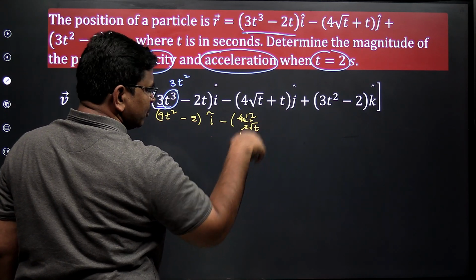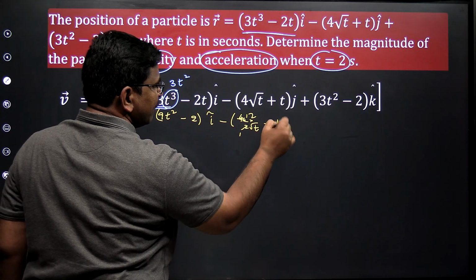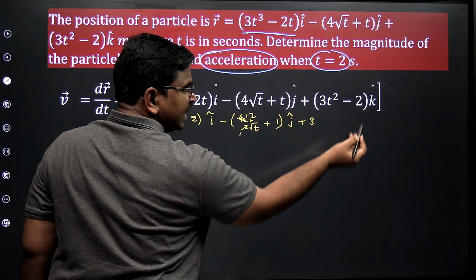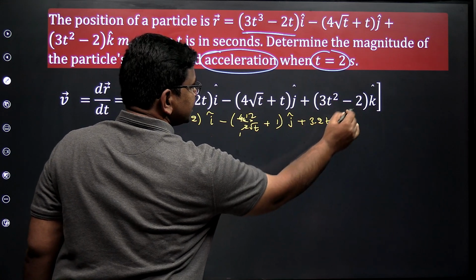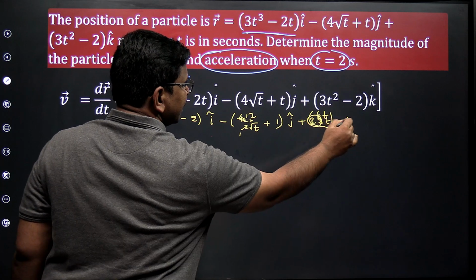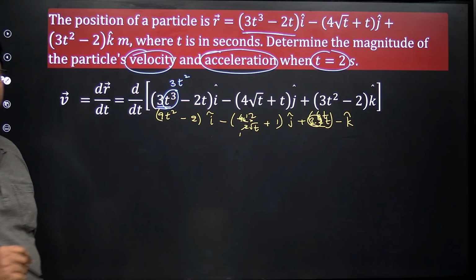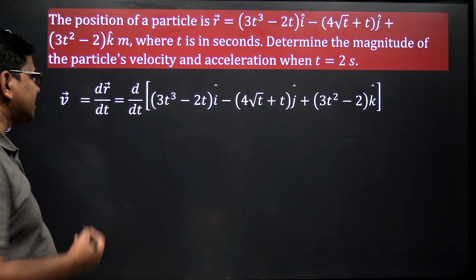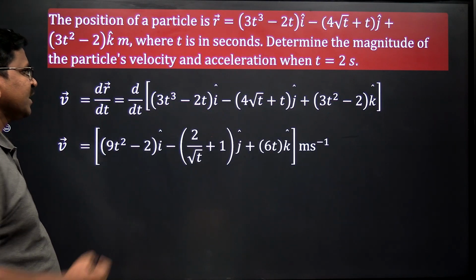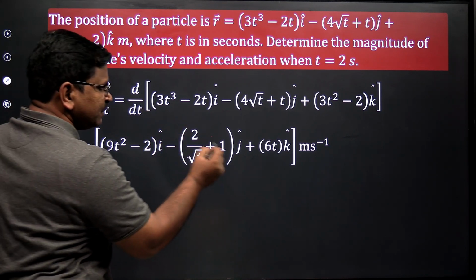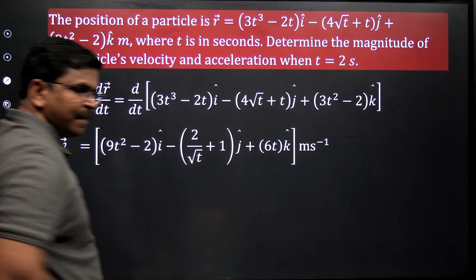The 2 cancels, giving 2 by root t, plus the derivative of t, which is 1, in the j direction. Then the derivative of 3t square is 6t, and the derivative of minus 2 is 0, so 6t in the k direction. This is the idea behind it. So v equals (9t square minus 2) i plus (2 by root t plus 1) j plus 6t k.